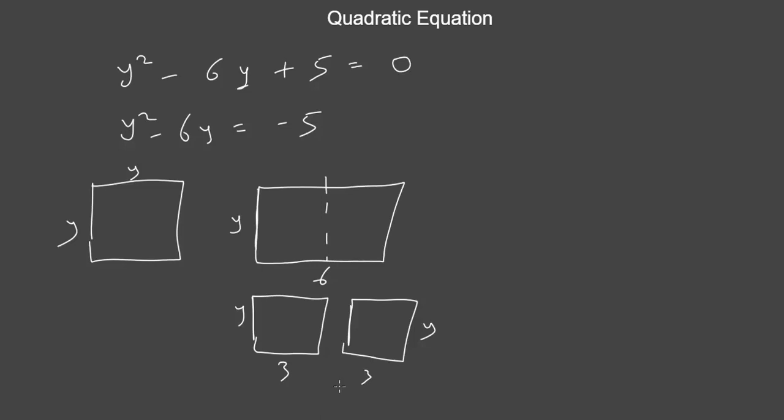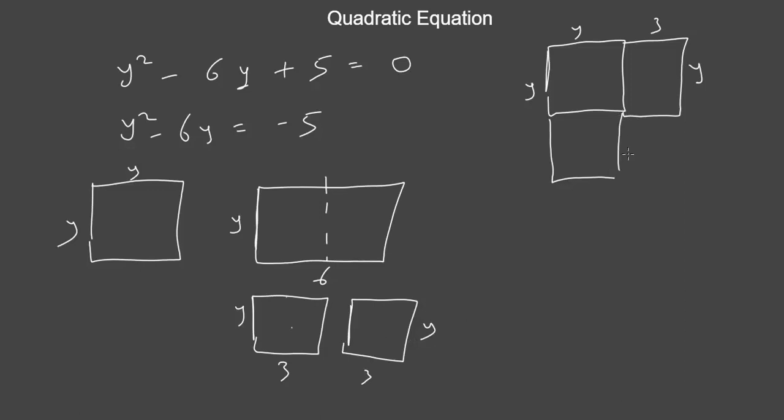So let's rearrange all of this. If you rearrange all of this, you're going to get something like this. Here you have y. Then you attach something like, this is 3y, that's this particular 3y, just stack it here. Then you take this one, you stack it here. Now, when I say stack it here, you rotate it like this so that this becomes y, then this becomes 3, right?